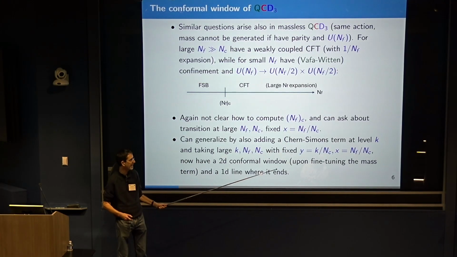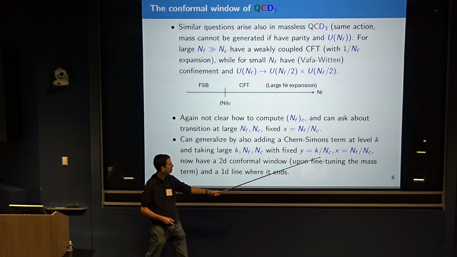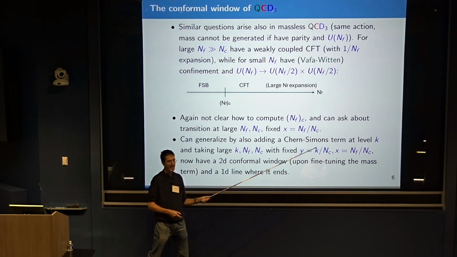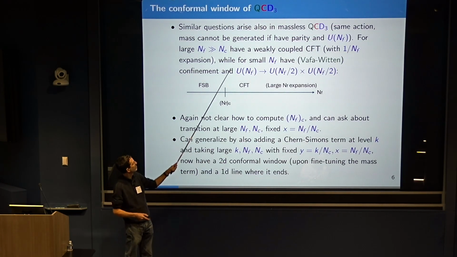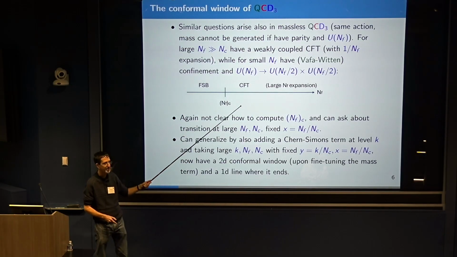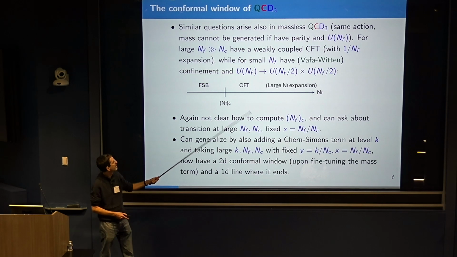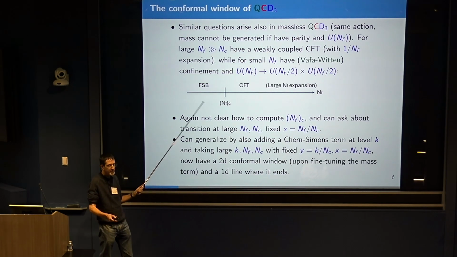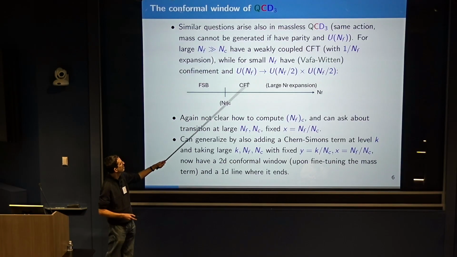And it's interesting to analyze this theory in the limit where all 3 of these discrete parameters become large, but with some fixed ratios. So then this becomes a 2-dimensional phase diagram where in one region, we know that we flow to a conformal theory, which is weakly coupled if either K or N_F becomes large. But when both of them are small, then we know that we have this other phase, and it's interesting to ask, how does this conformal window end?